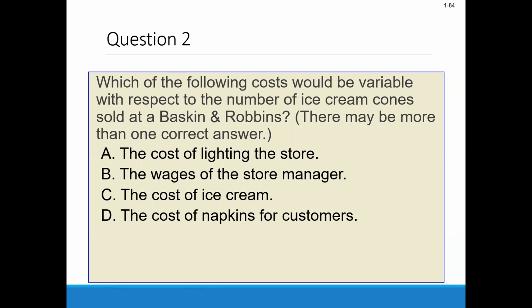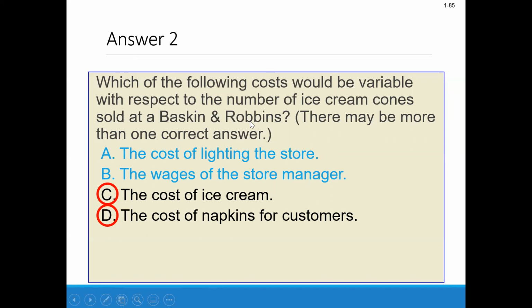And D, the cost of the ice cream and the cost of napkins. More clients, more napkins, right? The cost of lighting the store and the wages, aren't those fixed?